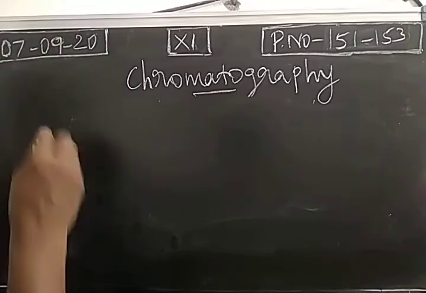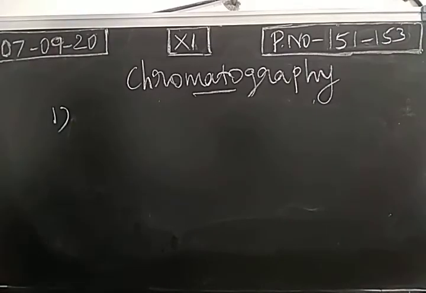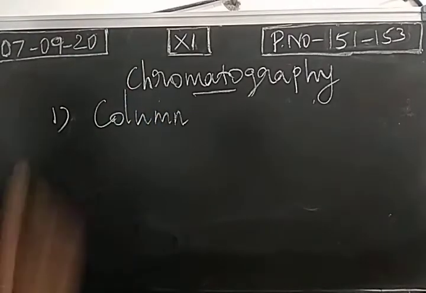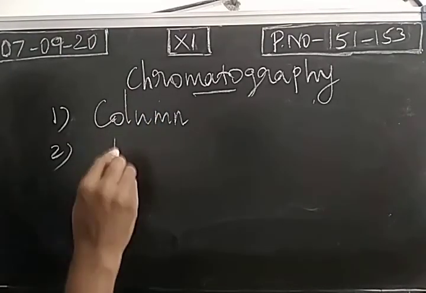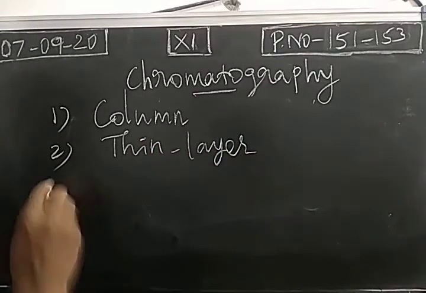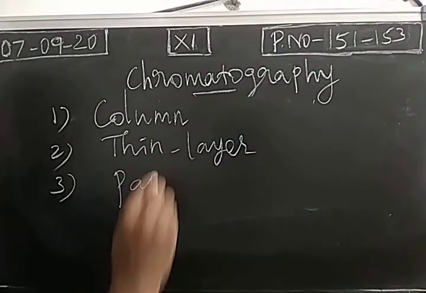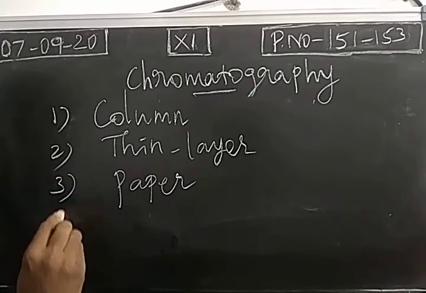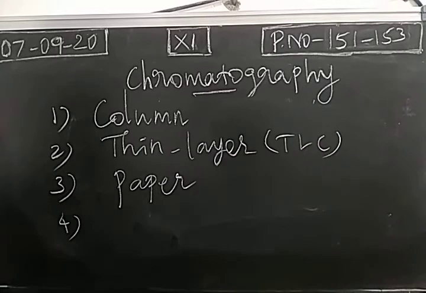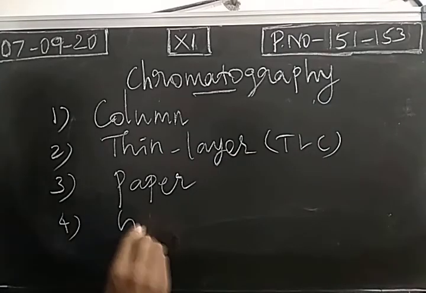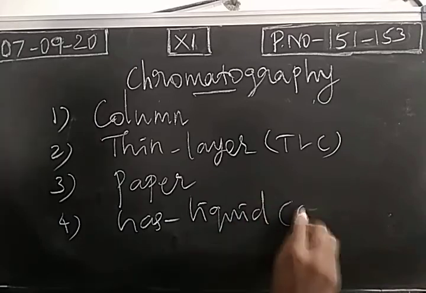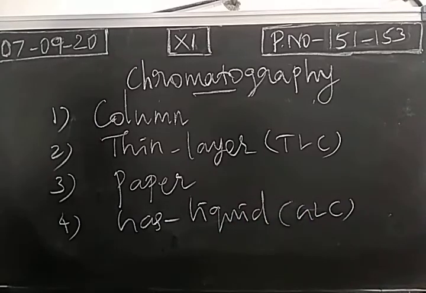Any cellulose can also act as an adsorbent. Next, what are the common chromatographic techniques? Column chromatography, thin layer chromatography, paper chromatographic technique. Thin layer chromatography is simply called TLC. Another one is gas liquid chromatography, called GLC.